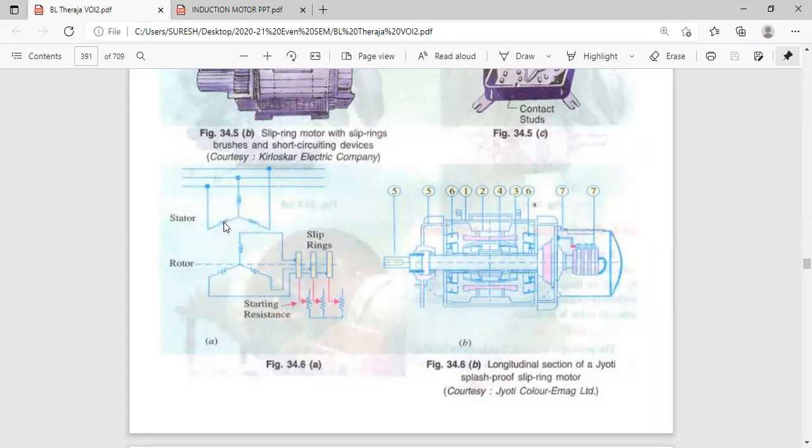These three windings are placed on the iron piece. These three windings are winded on the iron piece. When you are winding on the iron piece, what will happen? Where are these three windings connected? One minute. Go through this diagram.